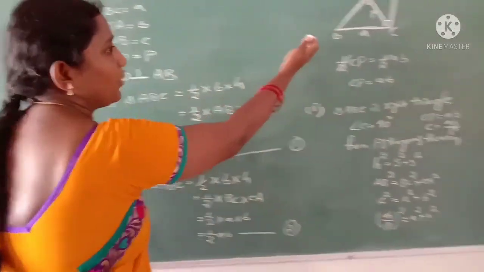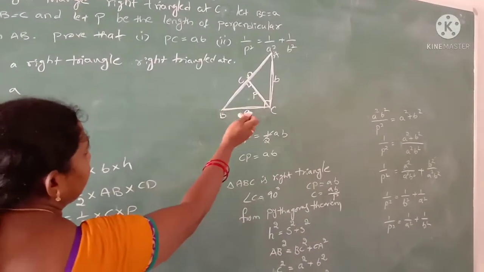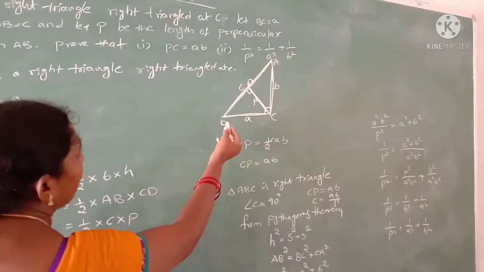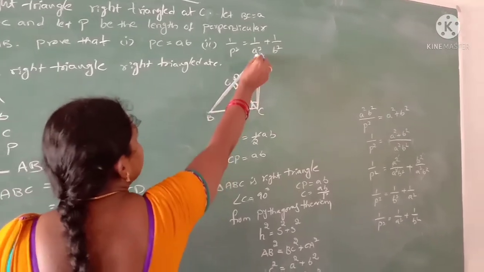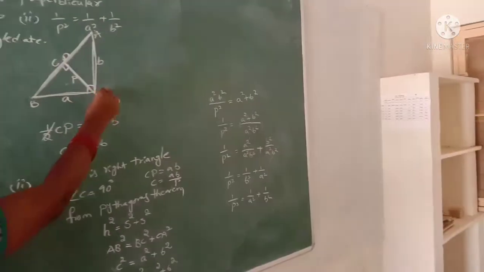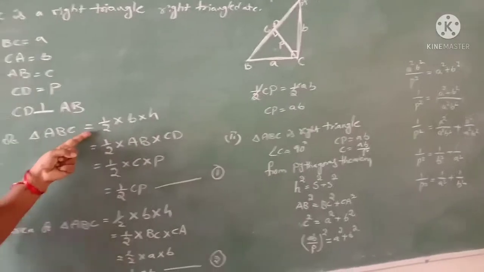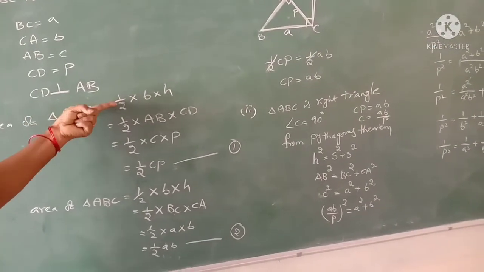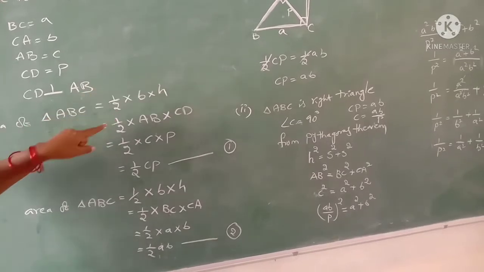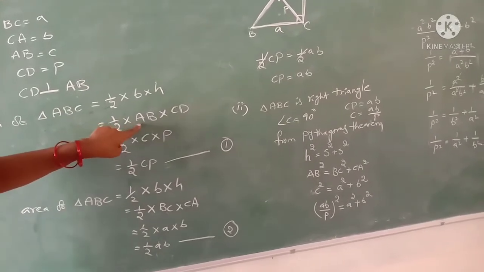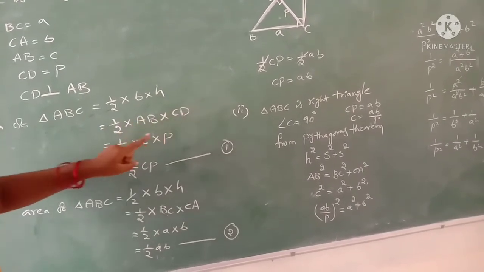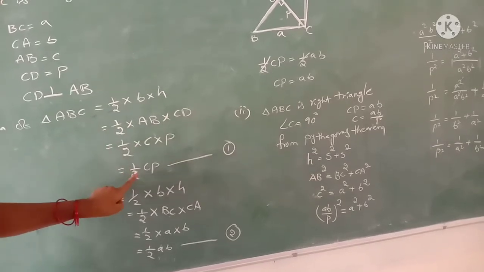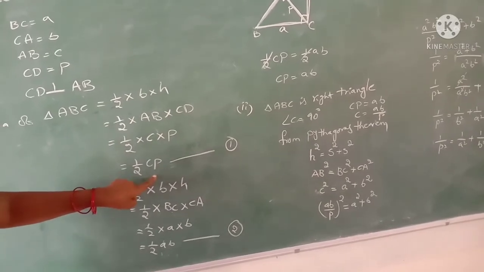In the figure, we observe ABC is a right triangle and we take the base AB and height CD. So the area of triangle ABC equals half into base into height, that equals half into base AB and height CD. Substitute the value: half CP, this is equation 1.